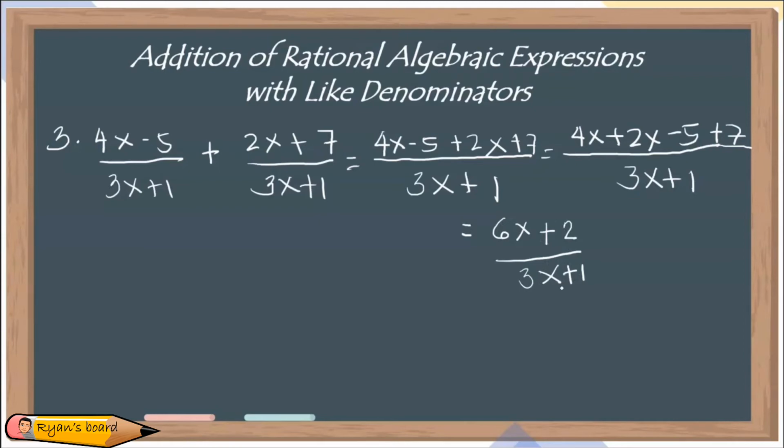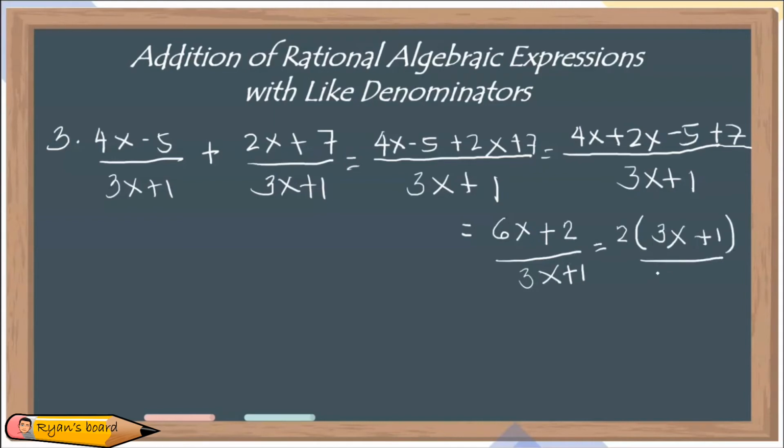What we're going to do ay tingnan natin kung pwedeng i-factor itong 6x plus 2. Tingnan natin anong GCF ng 6x and 2. That's 2. So, 6x divided by 2, that is 3x. 2 divided by 2, that is 1.